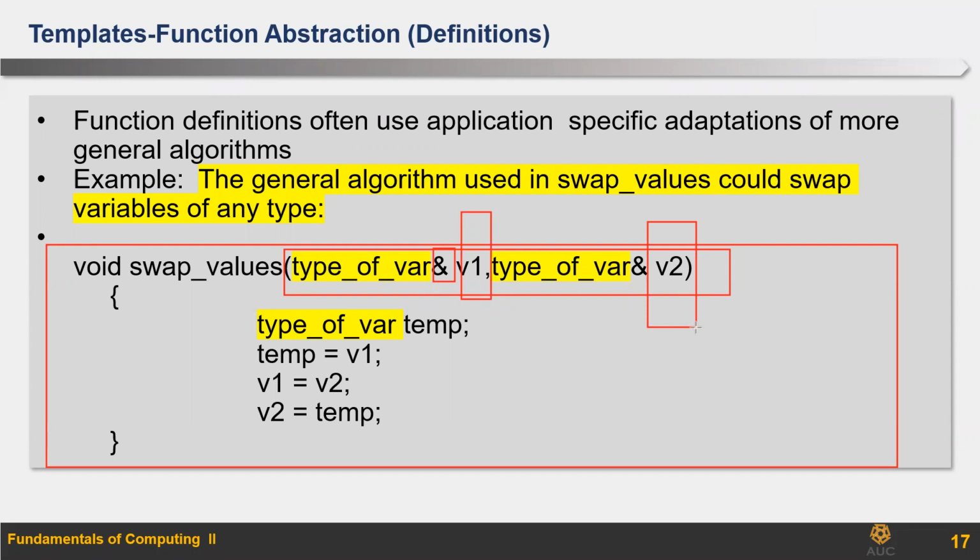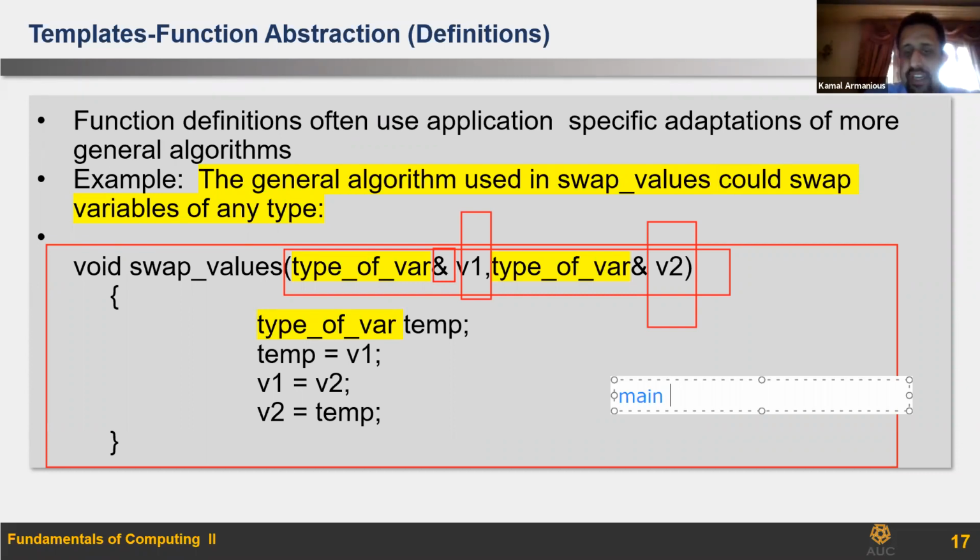So this function can be called from the main with any type. This is not the exact syntax, of course, we will learn the exact syntax now, but from the main, you can call this function that is called swap and give it two integers, it will work.